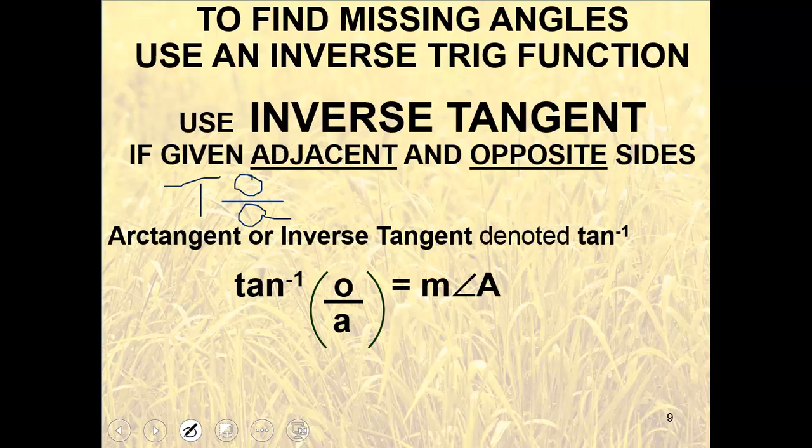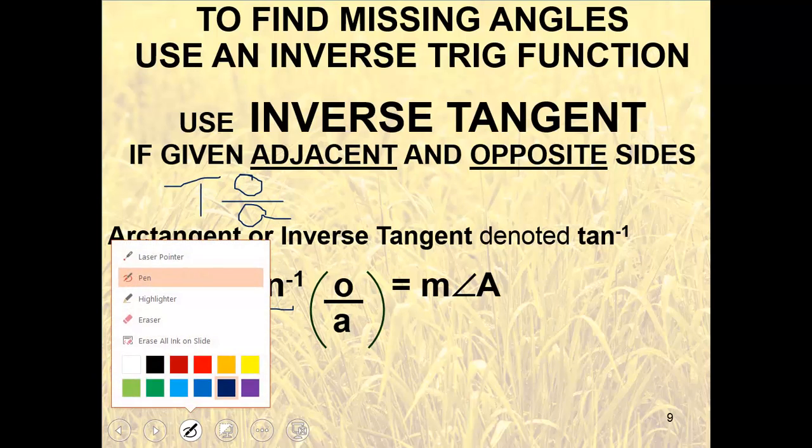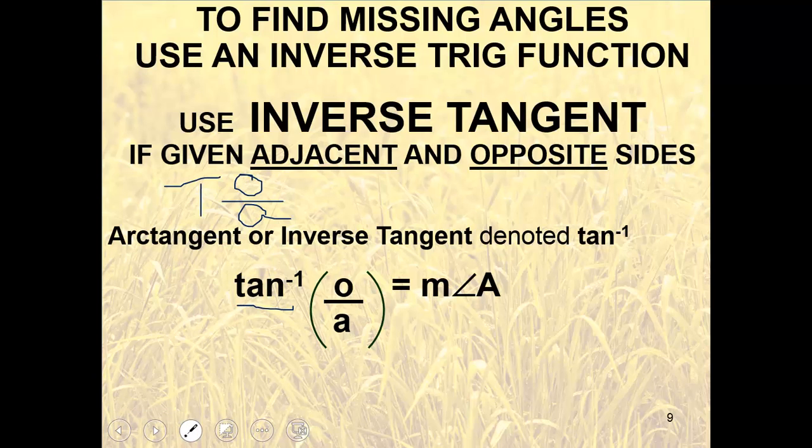So, inverse tangent of opposite over adjacent is going to give us the measure of our angle, which often will be called x. When you're looking for x degrees, you're looking for an angle.